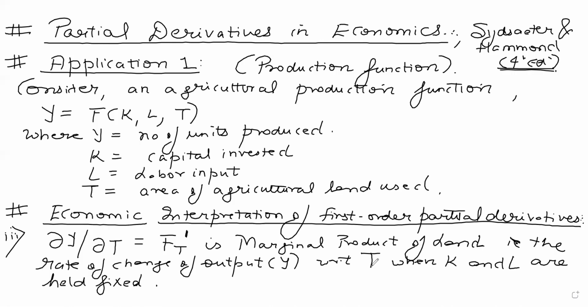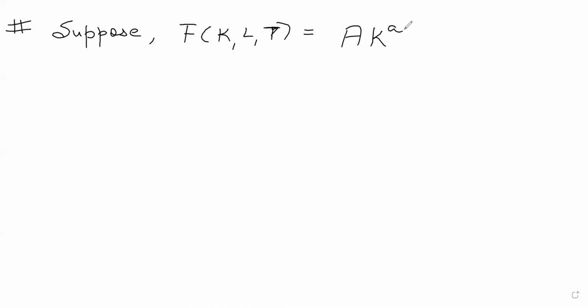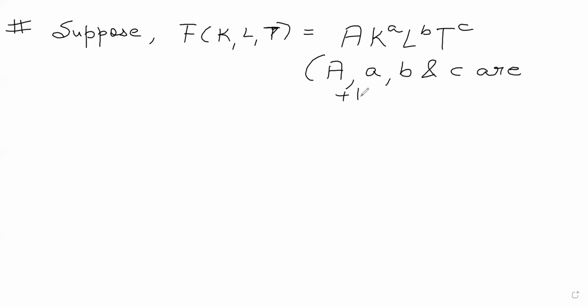So if I take an example of application 1, consider this example. Suppose my production function is as follows. F as a function of k, l and t is given to us as A k to the power a, l to the power b, t to the power c, where capital A, small a, b and c are all positive constants.